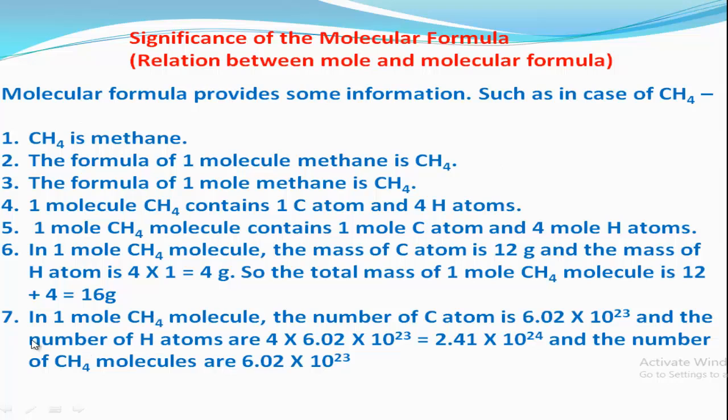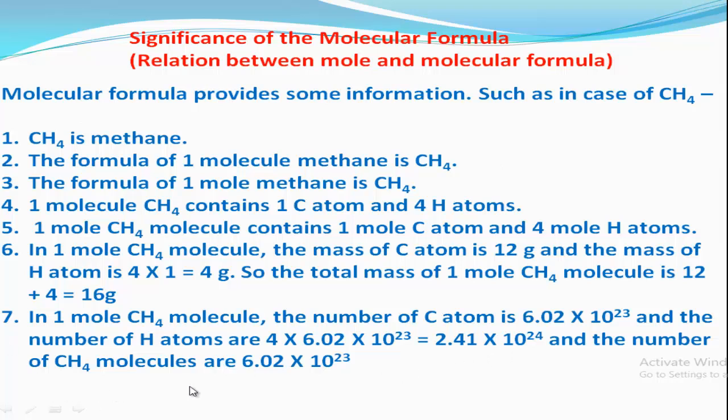Now the last point, in 1 mole methane molecule, the number of carbon atoms is Avogadro's number, because only 1 carbon atom is present, so that must be Avogadro's number of carbon atoms. And since 4 hydrogen atoms are present, the number of hydrogen atoms will be 4 multiplied by Avogadro's number, equal to 2.41 into 10 to the power 24.